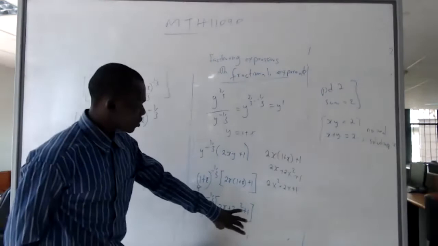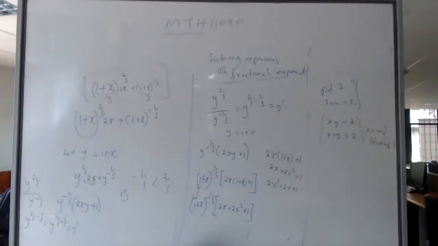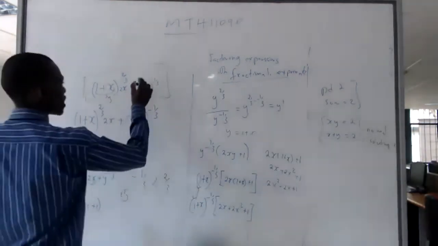Sorry, sir, I have a question. For where you wrote 2x and then you put into bracket 1 plus x. I understand why you put minus 1 over 3, but 1 plus x, I think it should have an exponent of minus 2, or I'm mistaken, because I'm a bit lost there.